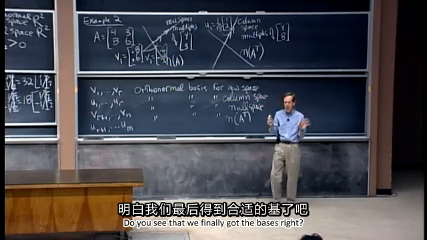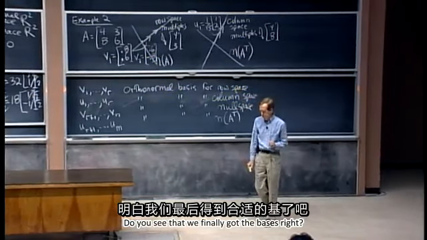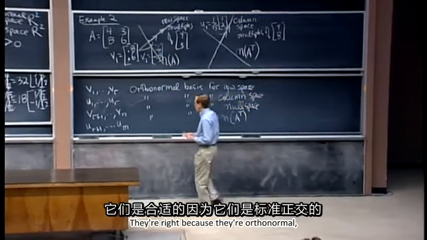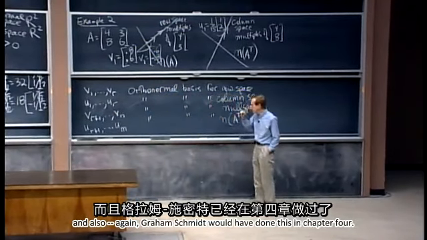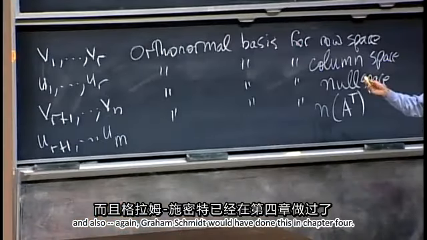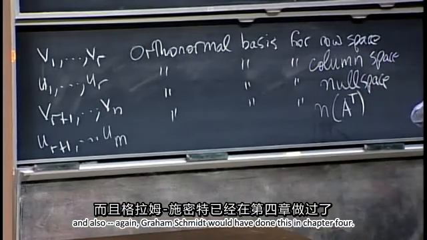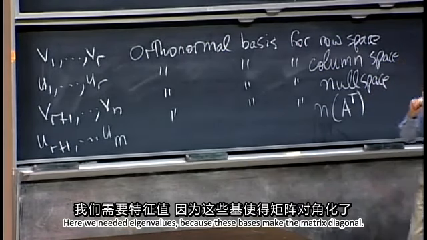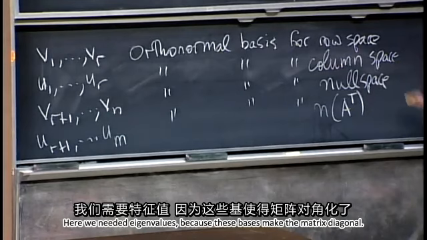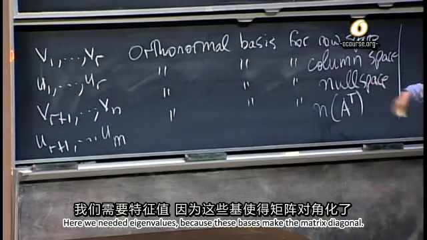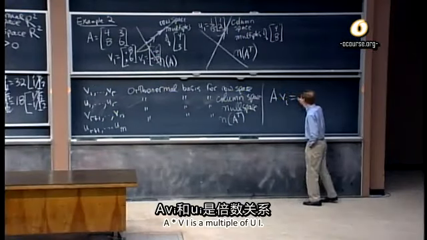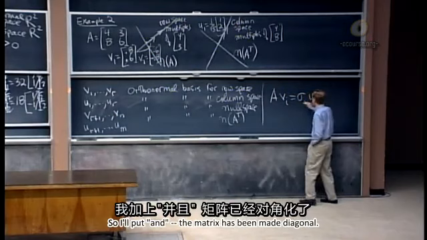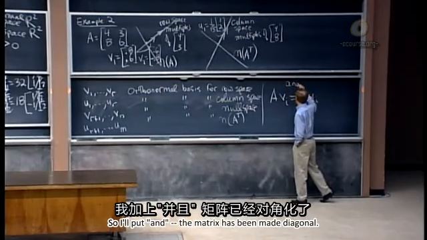Do you see that we finally got the bases right? They're right because they're orthonormal, and Gram-Schmidt would have done this in Chapter 4. Here we needed eigenvalues because these bases make the matrix diagonal. A times Vi is a multiple of Ui.